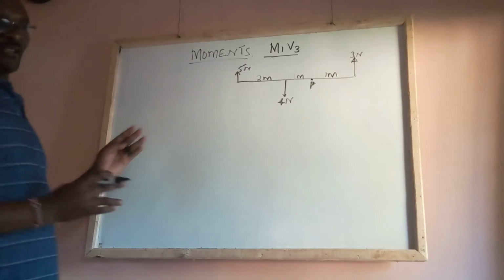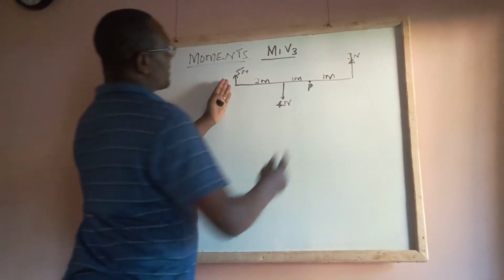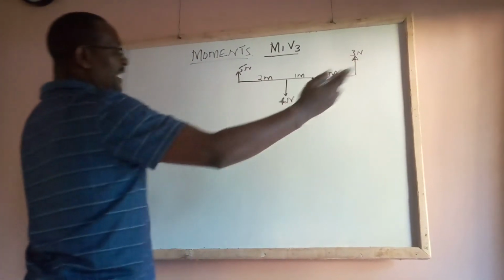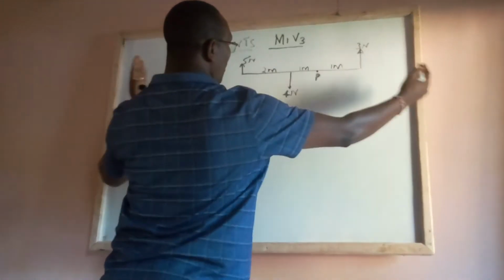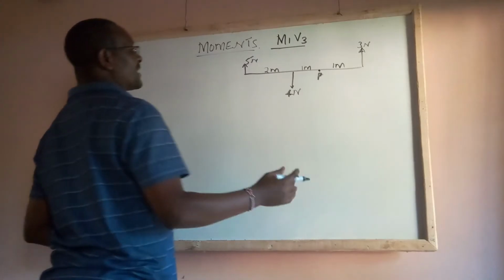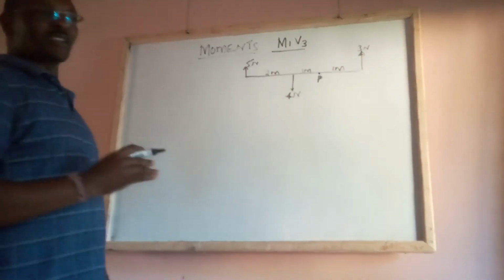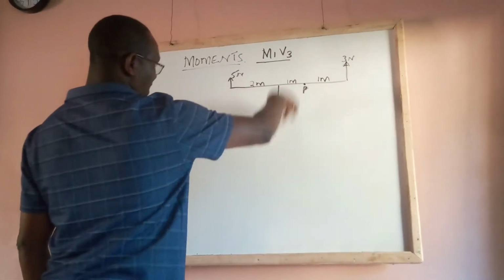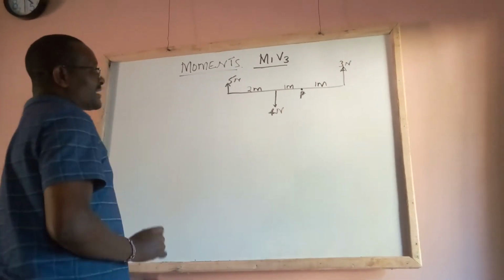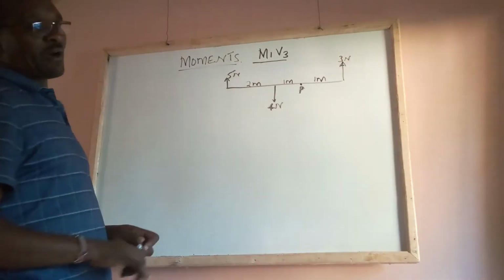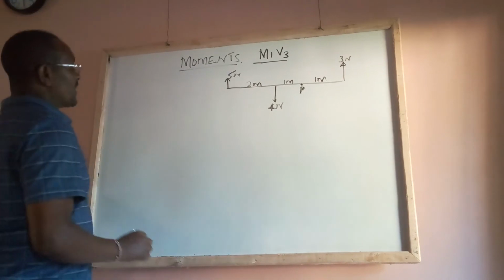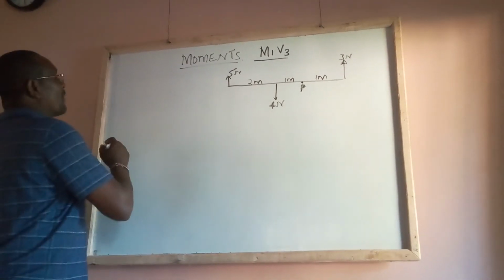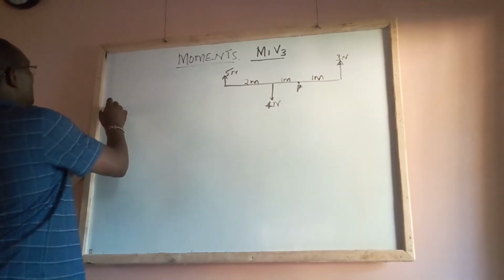You can already see, because 5 newtons and 3 newtons are on opposite sides of P, the direction is not going to be the same. You can also see there's another force, 4 newtons, that is going downwards, which is also going to have another moment about P. So let us first of all consider the different moments, starting with 5 newtons.